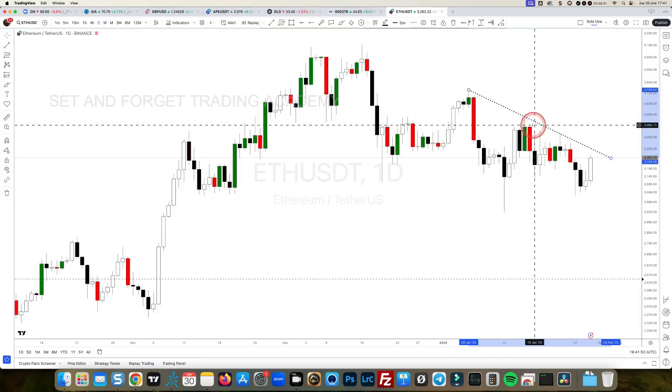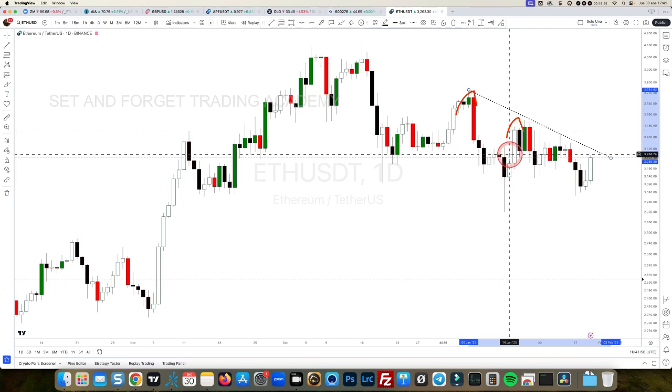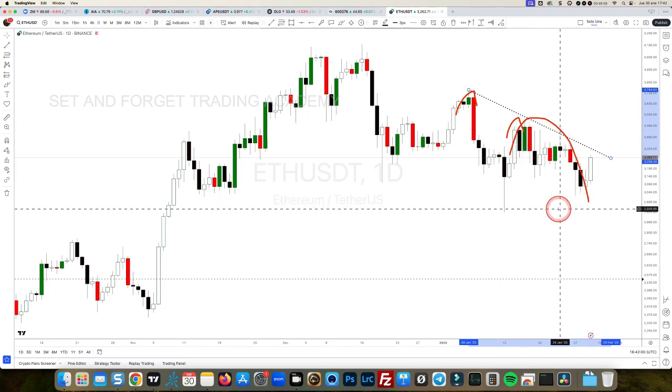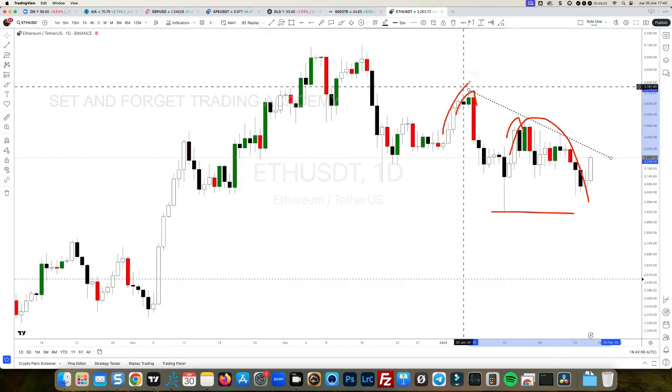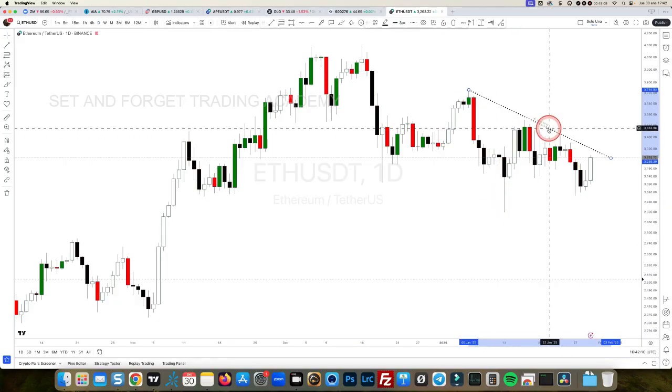So although we have 2 consecutive peaks, it doesn't follow the rule that the second peak's leg out should print a low underneath the previous peak's leg out. So this trend line is wrong.